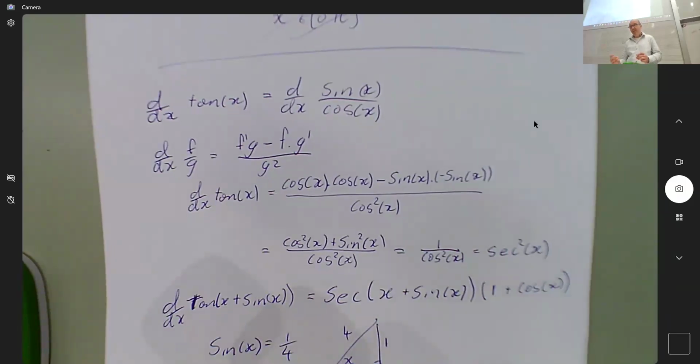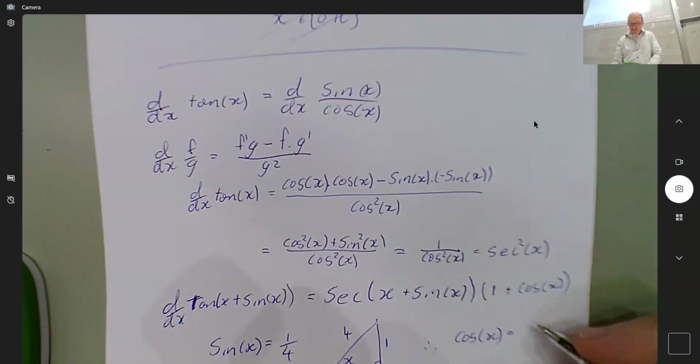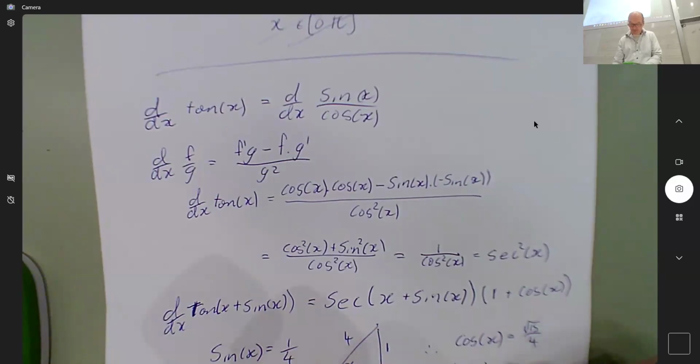That squared minus that squared gave me that number. And so therefore cos of x is adjacent on hypotenuse, root 15 on 4. And tan of x would be opposite on adjacent, 1 on root 15.